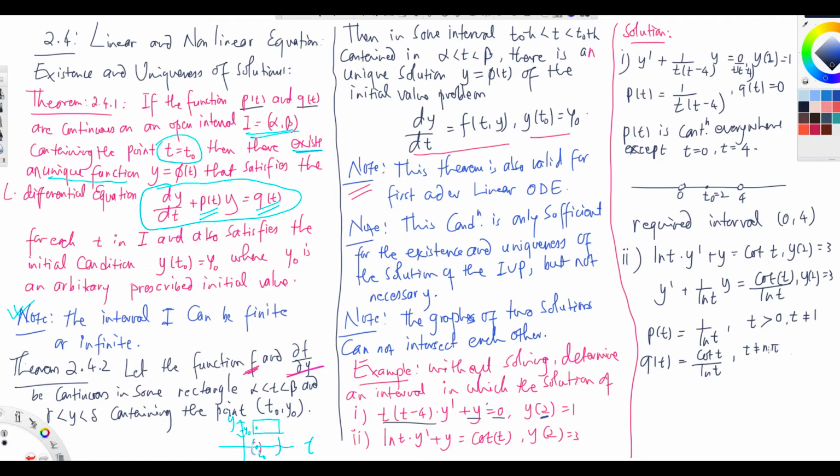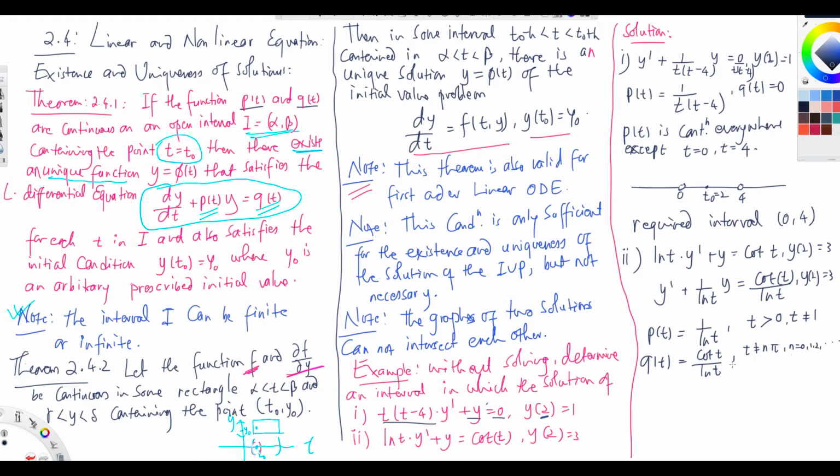At pi, let's say n equals 1, you get t equals pi. So t equals pi will give you cotangent pi, which is cosine pi over sine pi, which is negative 1 over 0, right? So that is also infinity. So for n equals 0, 1, 2, and so on.